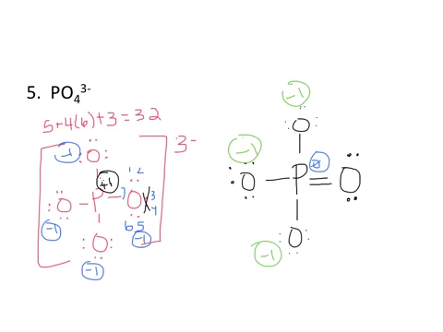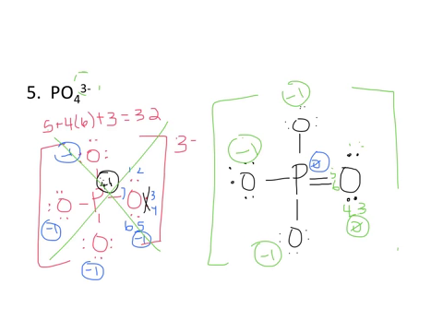But the one with the double bond, it's got 1, 2, 3, 4, 5, and 6 now, which it has 6 valence, so it's got a formal charge of 0. So that one's drawn a little bit better with some formal charges closer to 0. And it does add up to that 3 minus charge. So this is the incorrect drawing. This one would be the correct way to draw phosphate.